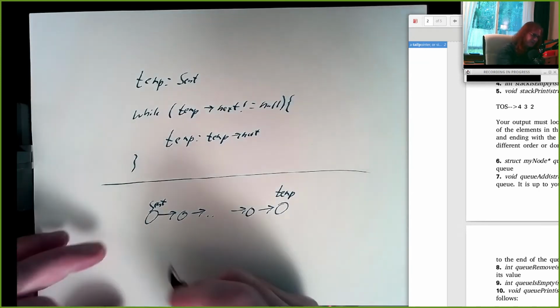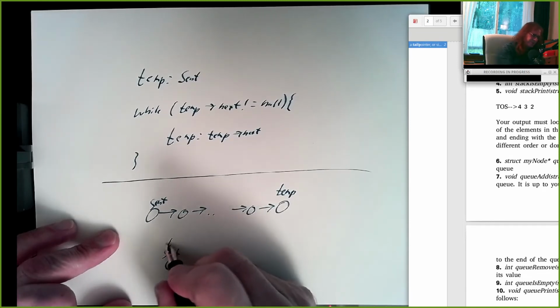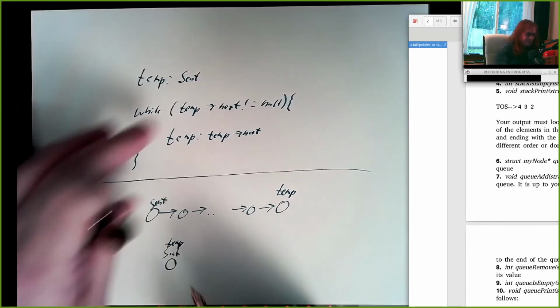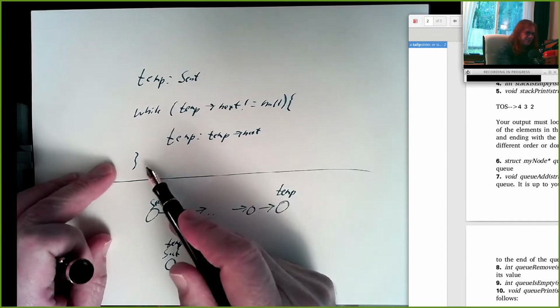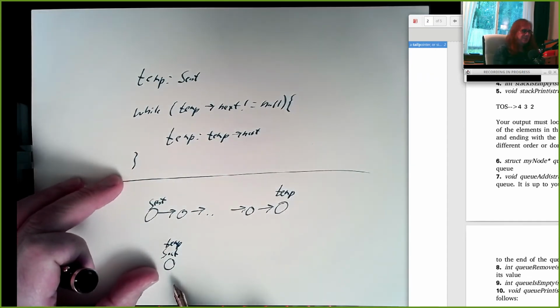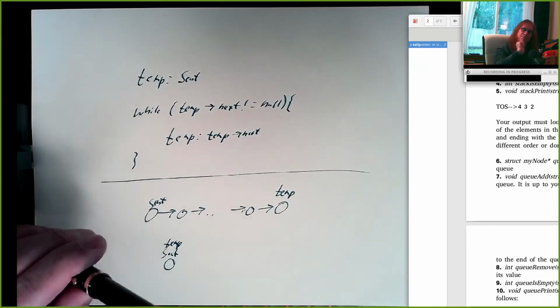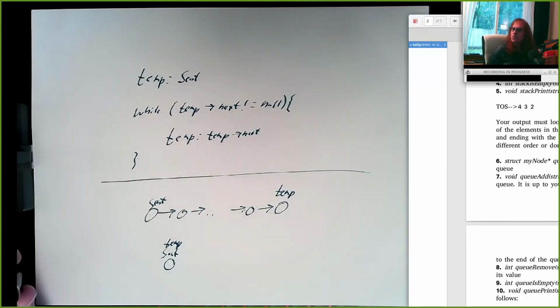And if our list was empty, if it was just a sentinel, we would initialize temp to be the sentinel. Temp next is null. We never do the while loop. Again, temp is effectively pointing at the last node. Or rather, temp is the thing that we should change to point to our new node. So that's one way to do it.